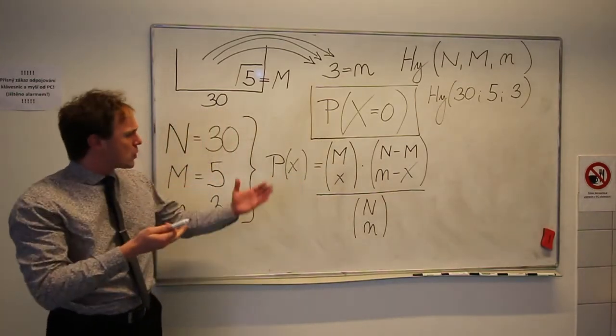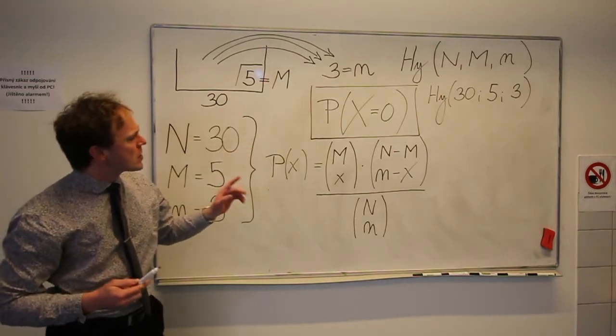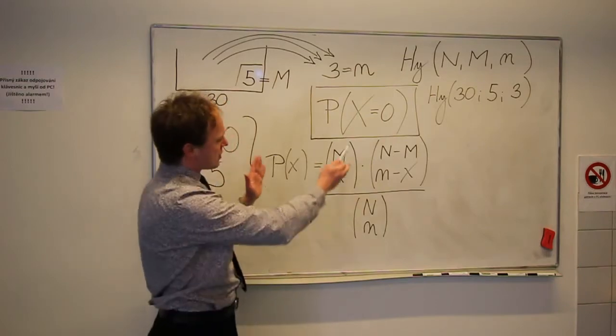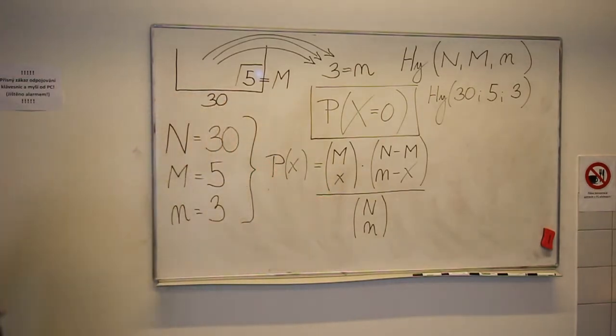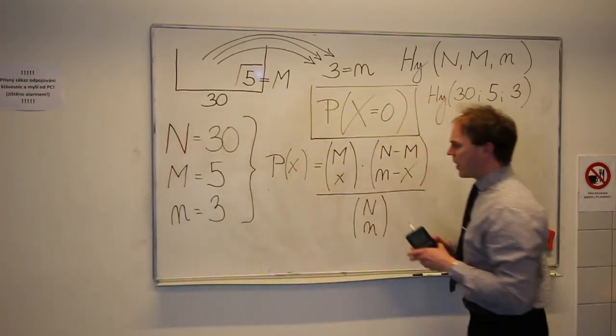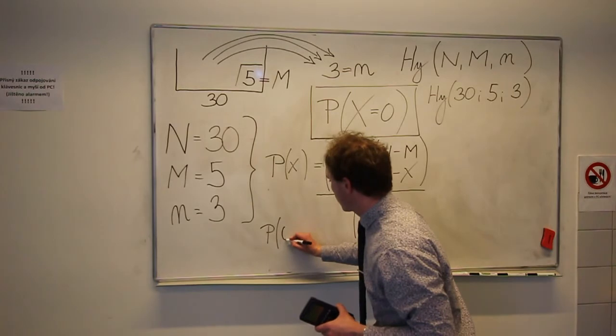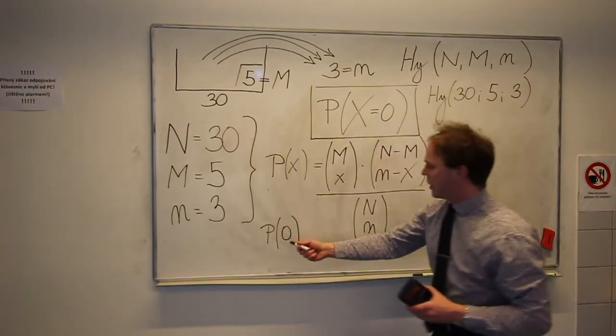And now, because we know all parameters and we know that we are calculating x equal to 0, we will use the values, we will use the calculator, and we will solve everything. So we must calculate the probability that random variable x will be equal to 0.